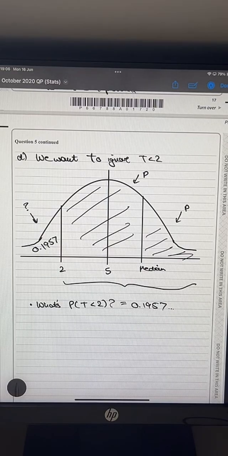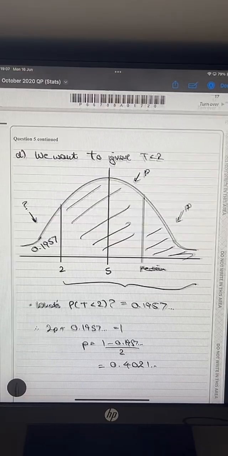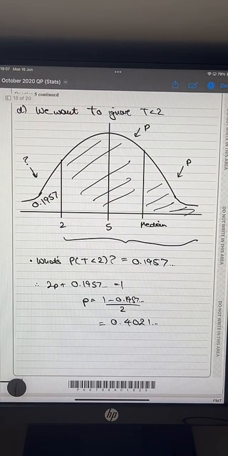P plus this value is equal to 1, because all probabilities sum to 1. So if I rearrange, I subtract 0.1957 and divide through by 2. I get that P is equal to 1 minus that, divided by 2, which is 0.4021 and so on. So that is my P value here and here.